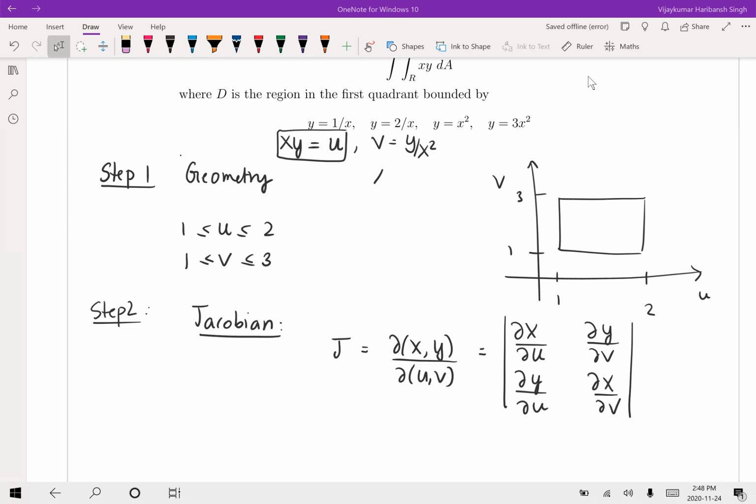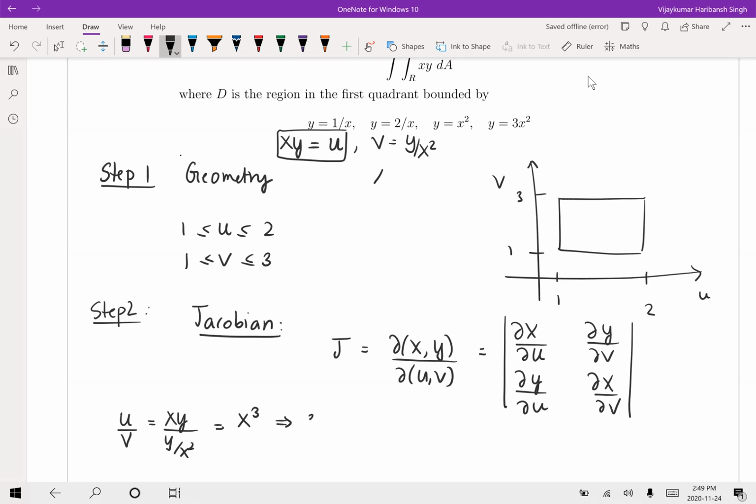So how do we get x and y in terms of u and v? If we divide equation 1 by 2, you get u by v equals xy divided by y over x squared, which is going to be x cubed.